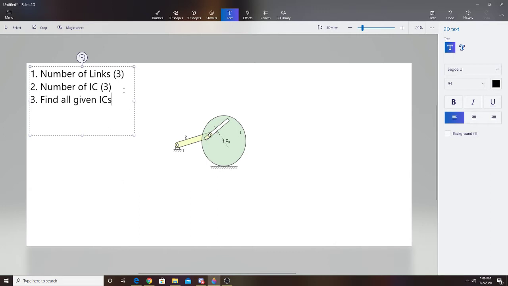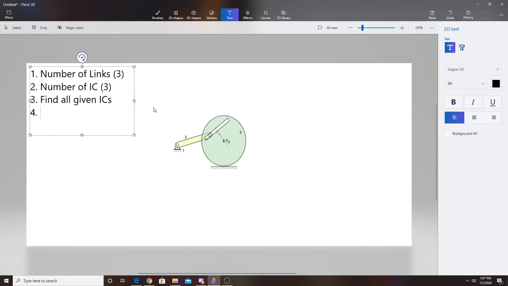So that's another lesson: if you have a mechanism with only 3 links, the instance centers all have to be given, because think about how we would solve it. You couldn't use another triangle to pinpoint the other instance center because there's only one triangle. So if there is a 3-link mechanism, the instance centers are all known off the start, right? And then obviously, if it was more challenging, we would have 4.